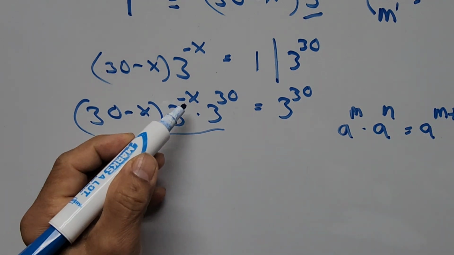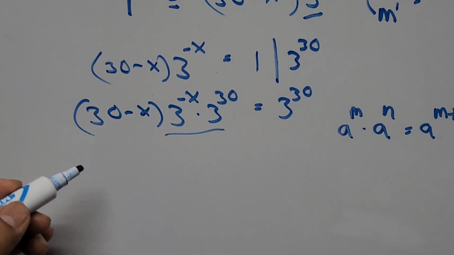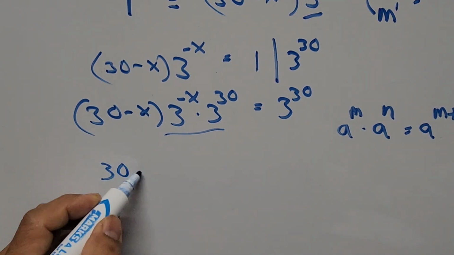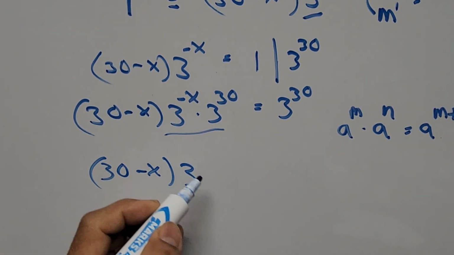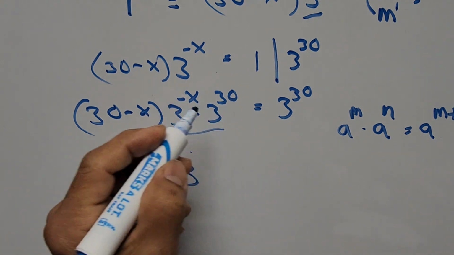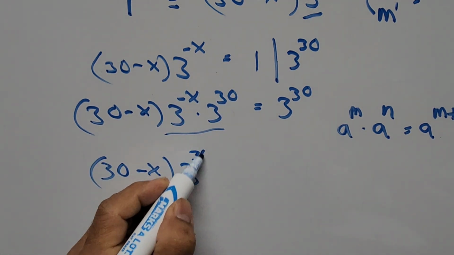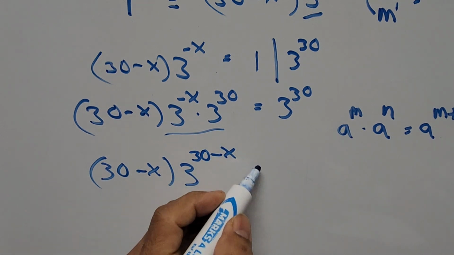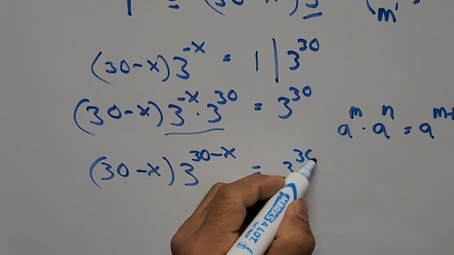But since x is negative, we just subtract x from 30. And so here, 30 minus x times 3 to the power of, adding the exponents, or simply subtracting x from 30, so 30 minus x. And the right-hand side remains the same, 3 to the power of 30.